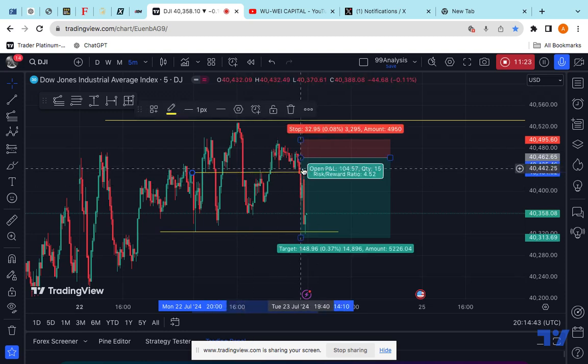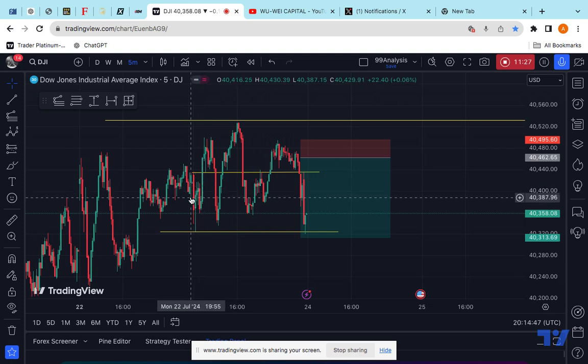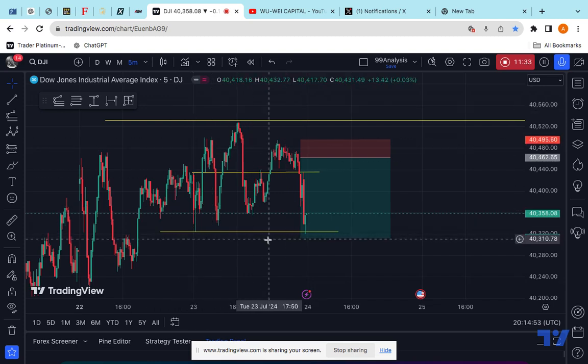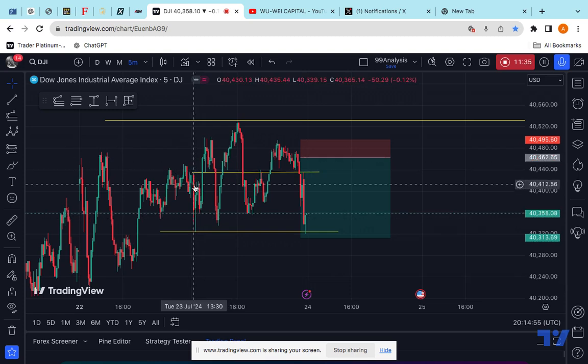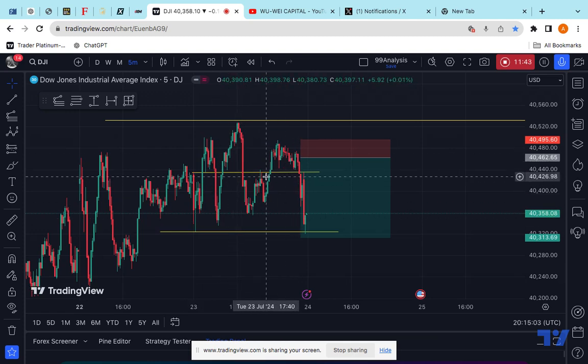You should indicate your opening. Now this is the low of the day, which we have price retesting, and this is the high of the day. So you set the boundaries and you look for trades within this period.